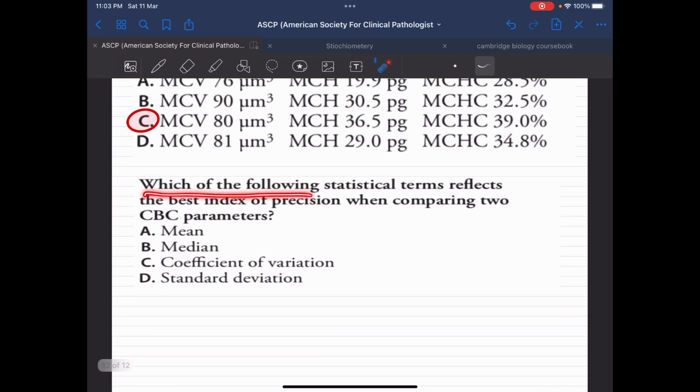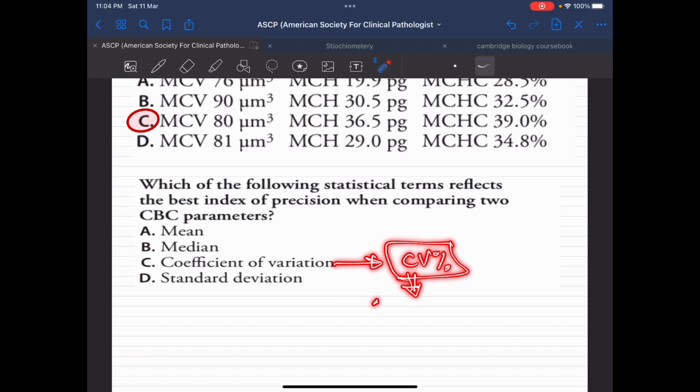Which of the following statistical terms reflects the best index of precision when comparing two CBC parameters? Mean, median, coefficient of variation, standard deviation. Coefficient of variation, which is CV%, is the best statistical term.